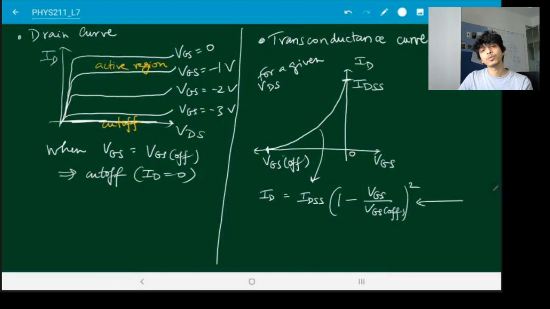So it is not going to depend on what is happening in the rest of the circuit. This characteristic will remain fixed irrespective of what operation is happening, irrespective of what kind of circuit you have plugged your transistor into. This characteristic will always be the same.